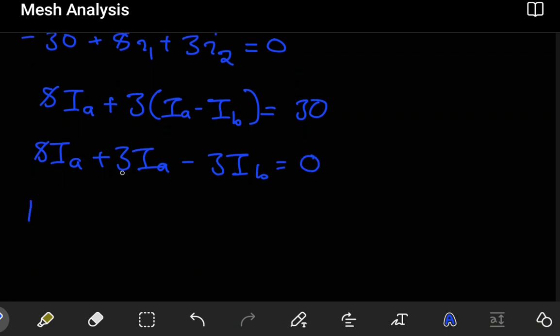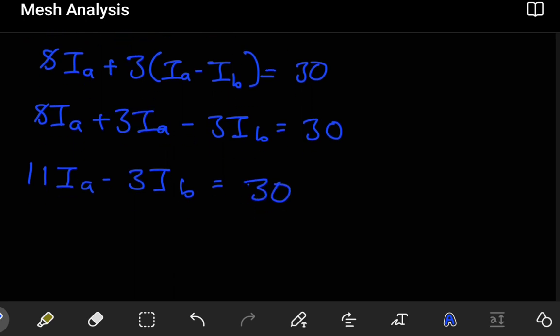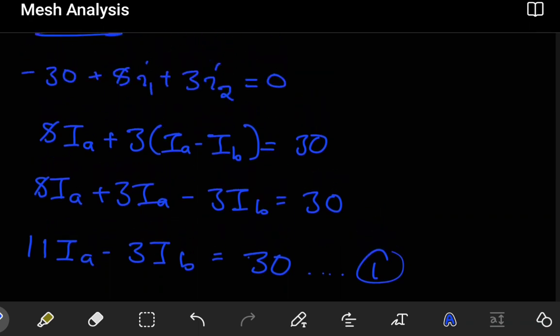Then this becomes 11 IA minus 3 IB, equal to 30. So this becomes equation 1. Hope we haven't made any errors here.